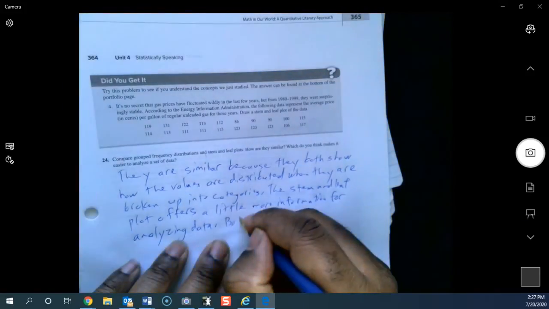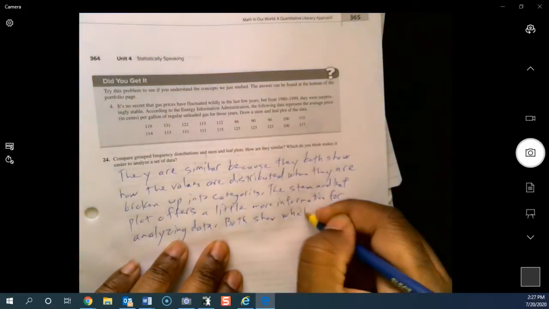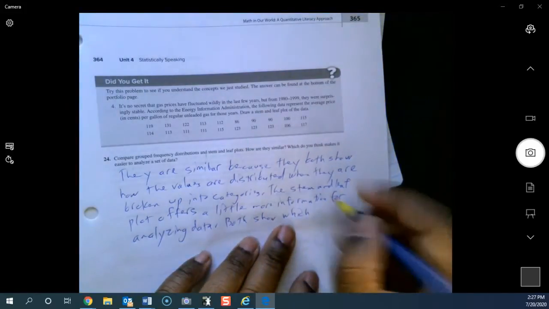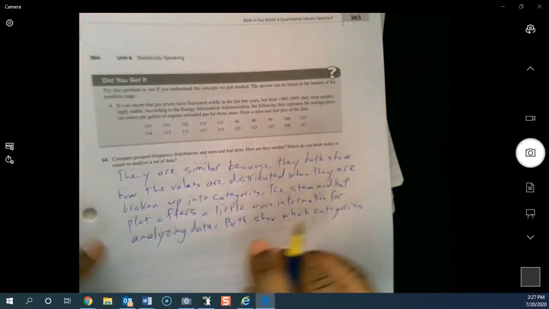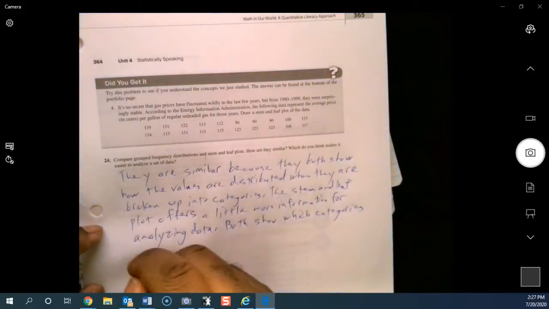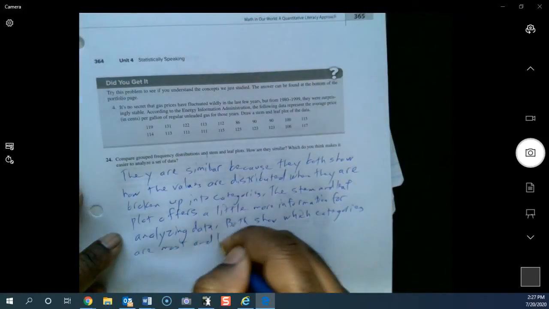Both show which categories are most and least common.